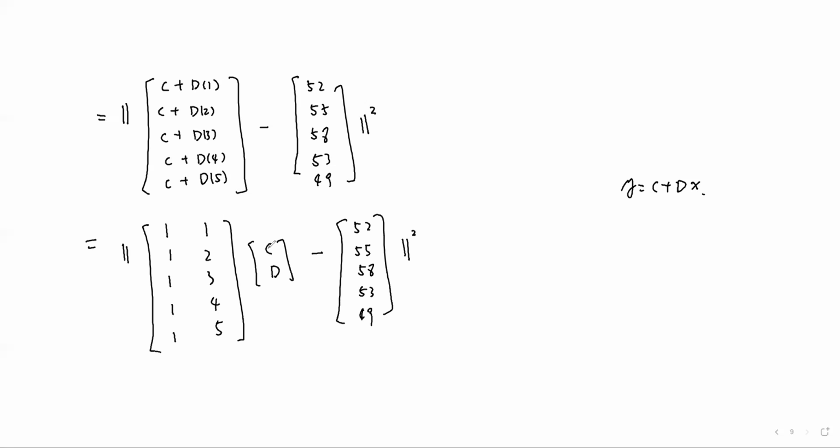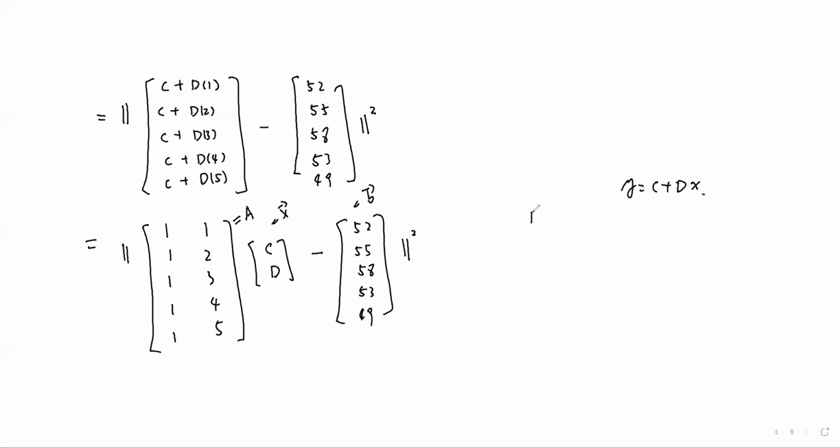Now, how to choose C and D? Make this quantity as small as possible. This is a least squares problem. According to the theorem, let me call this matrix A, this X, and this B. How to choose X so that A times X minus B is as small as possible?